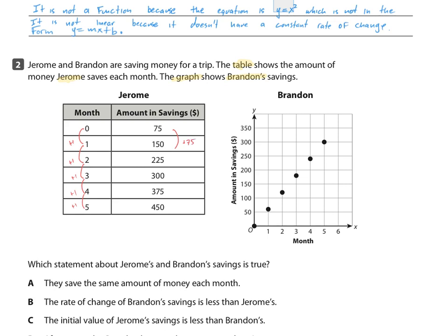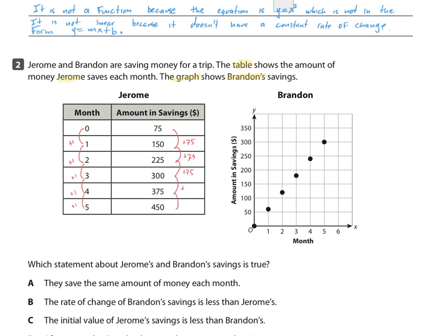75 plus 75 gives you 150. 150 plus 75 gives you 225. 225 plus 75 gives you 300, and the pattern continues.